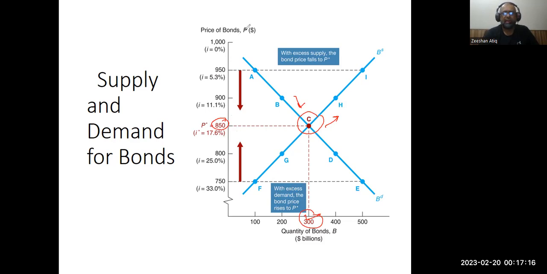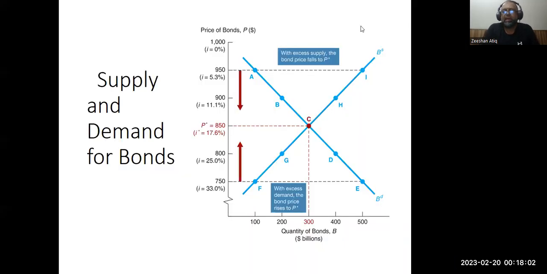So here, if you are able to determine the equilibrium price, that equilibrium price gives rise to the equilibrium interest rate. What we have learned in this lecture is how the interaction between the demand and supply of bonds determines the equilibrium price, and how this equilibrium price can be used to determine the interest rates.